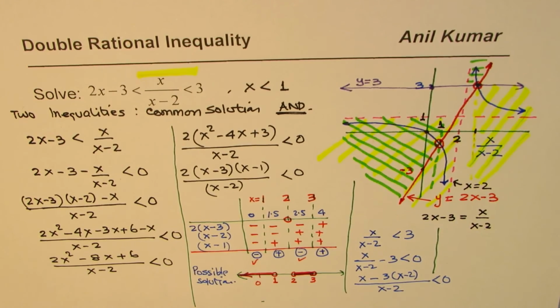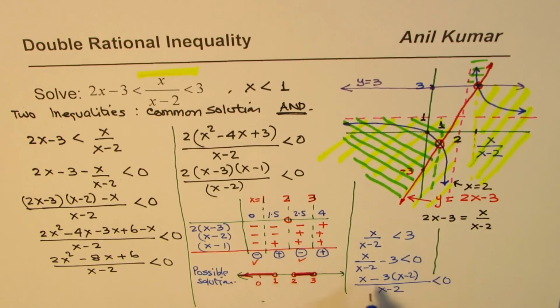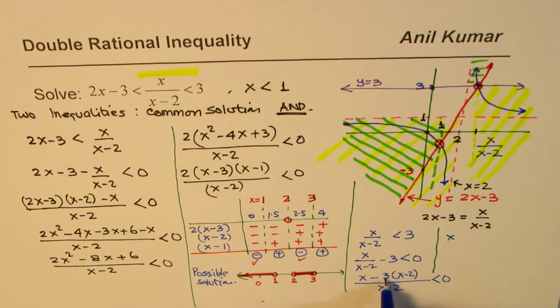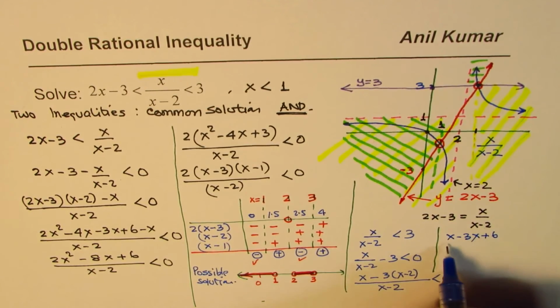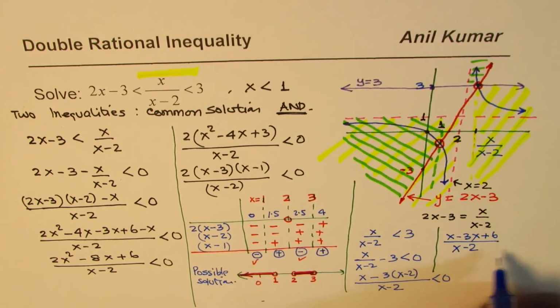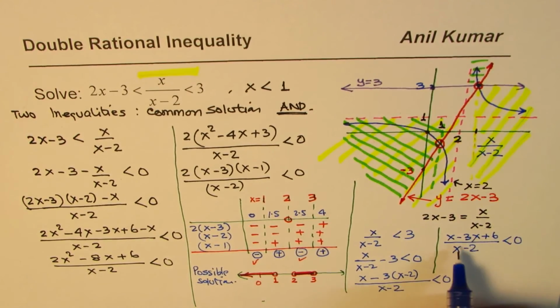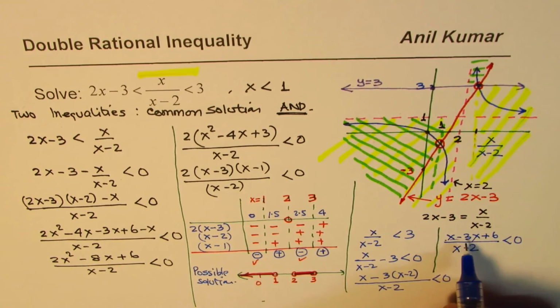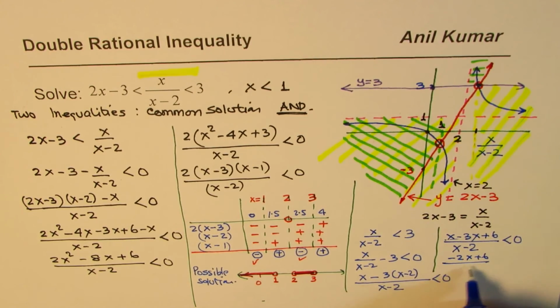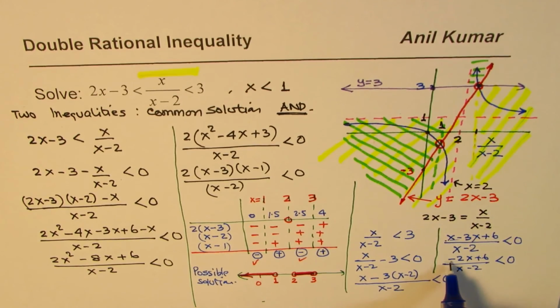Good. So let's continue with this. What we have here is x minus 3x, and that gives me plus 6, divided by x minus 2 less than 0, and here x minus 3x is minus 2x, right? So we have minus 2x plus 6 over x minus 2 less than 0, and then we can take minus 2 common, right?